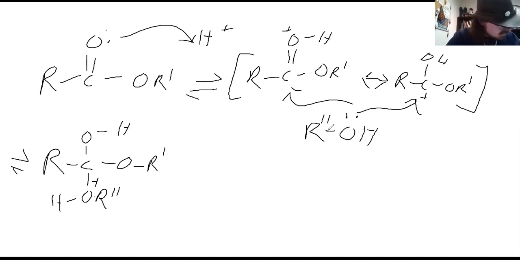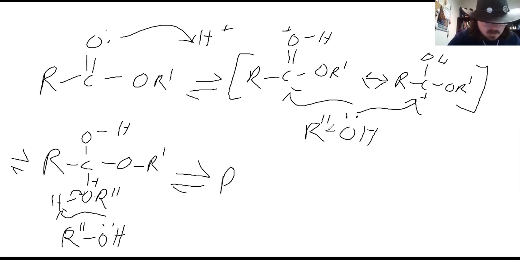So the next step is to regenerate our acid. So some of our excess alcohol is going to then attack and deprotonate that. So now we have RC, OH, OR prime, OR double prime.